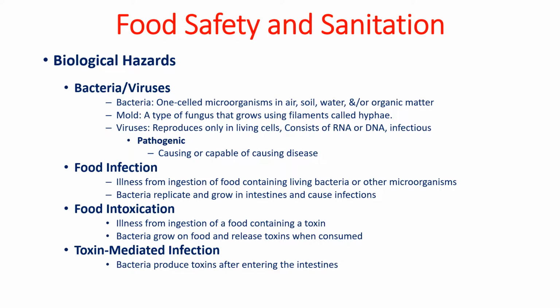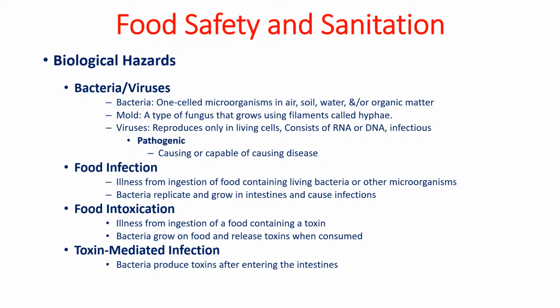The way that they spread illness is they have DNA or RNA strands that they replicate and inject into their host, which can cause illness. I'm not going to go way into that because that's beyond the scope of this course. But what you just need to know is that bacteria, mold, and viruses are chief among what we are concerned about for biological food hazards.